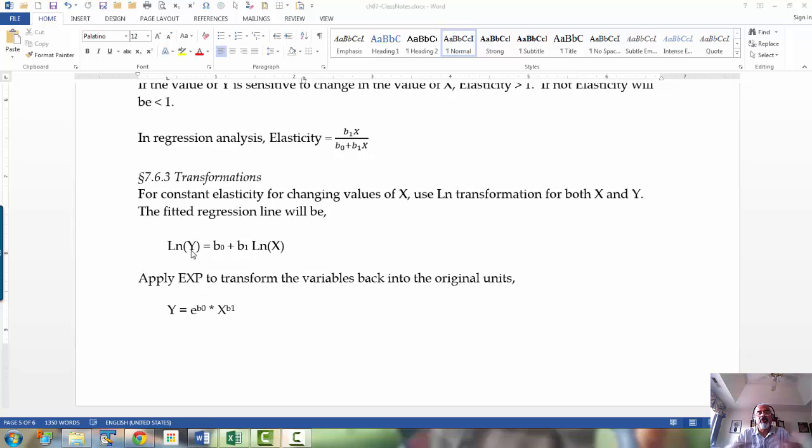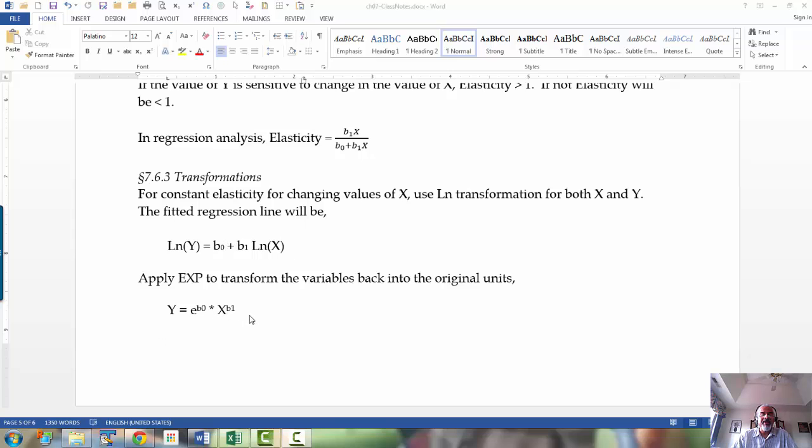Now you run the regression, and the regression will come out to be something like this: b sub 0, which is a different b sub 0 after the log transformation, plus b sub 1 times ln x. Now to convert it back to original y, we have to apply the exp transformation. When we do that, you get y equals e to the power of b sub 0 times x to the power of b sub 1.